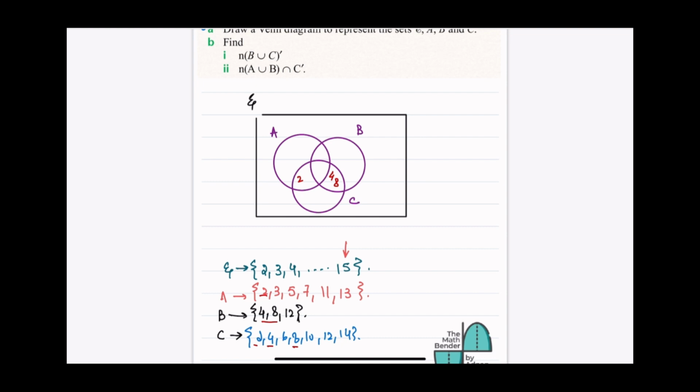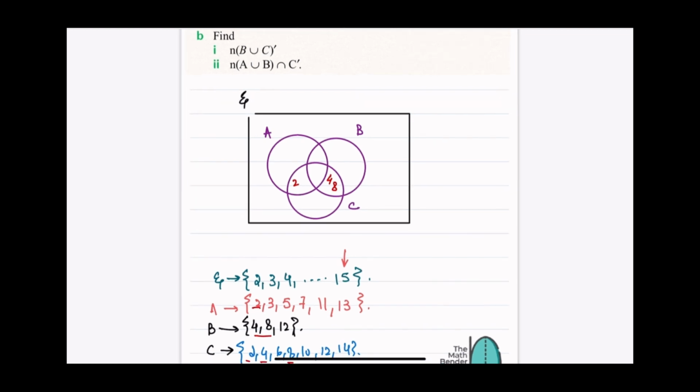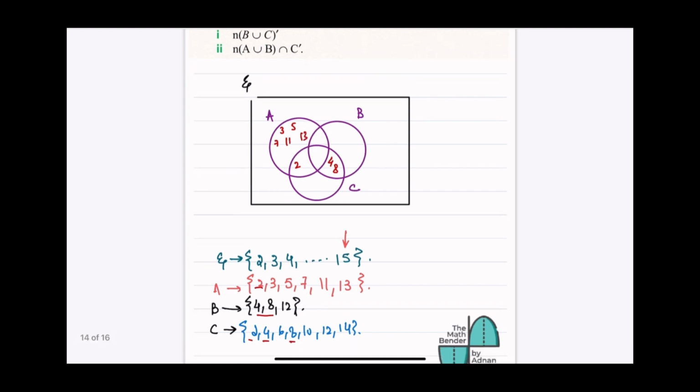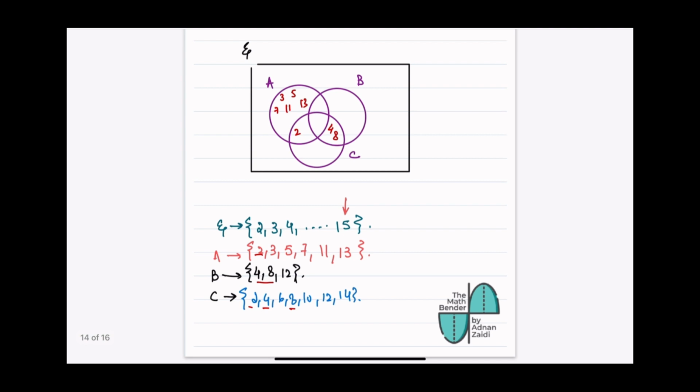So I'll write down the rest of the elements of A in A: 3, 5, 7, 11, 13. For B, it's 12. For C, it's going to be 6, 10, 14.